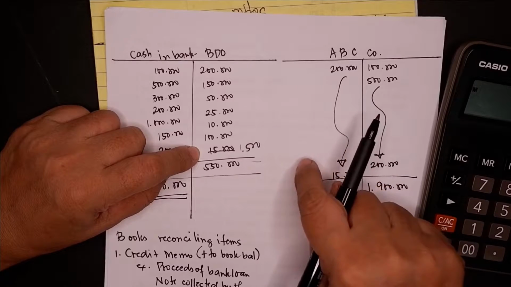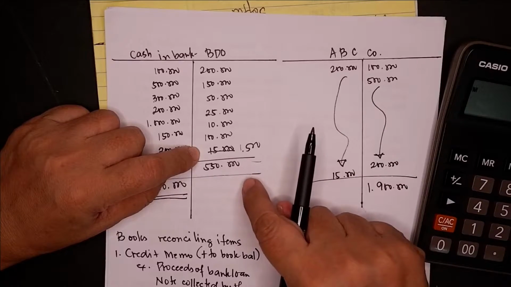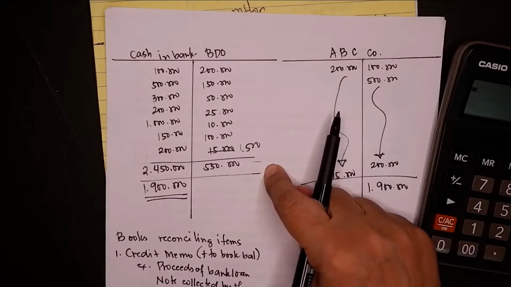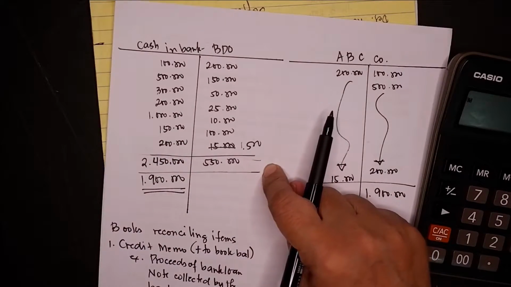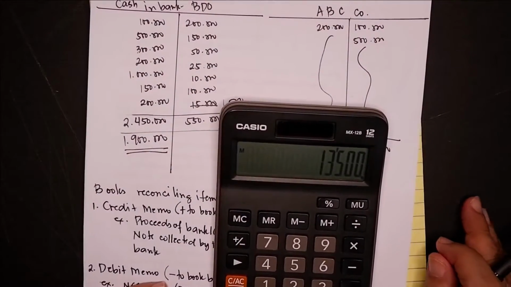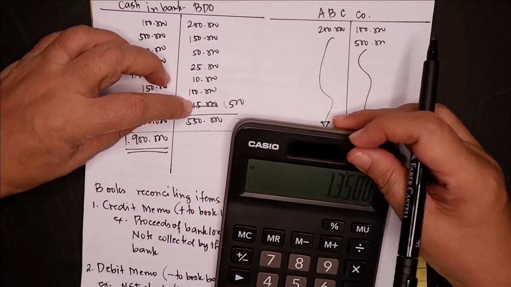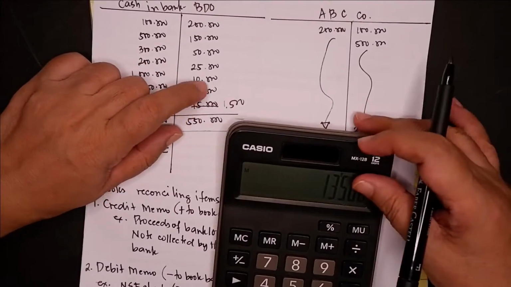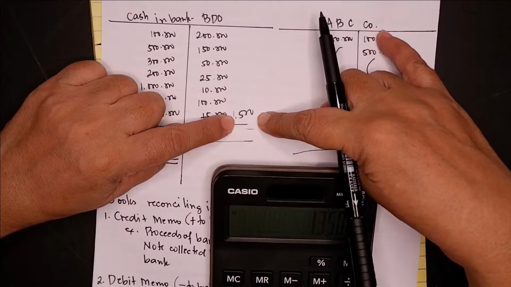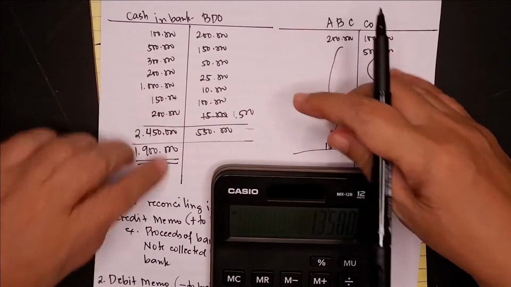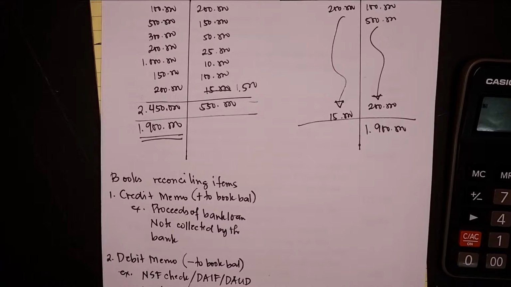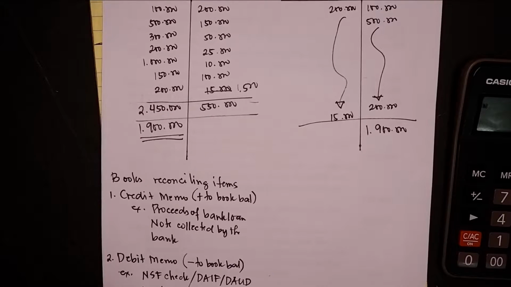But instead, because of an error, we only have minus 1,500. So how are we going to correct the error? That will be minus 13,500. So to complete the 15,000, which means when we deducted 1,500, we have understatement of a deduction. So our entry will be credit cash in bank of 13,500.